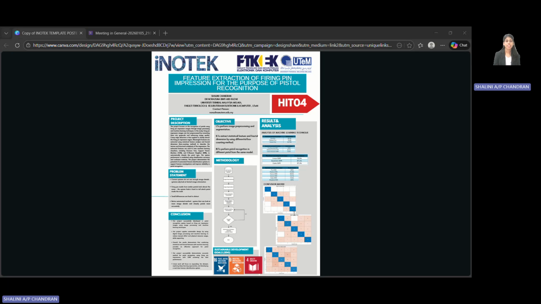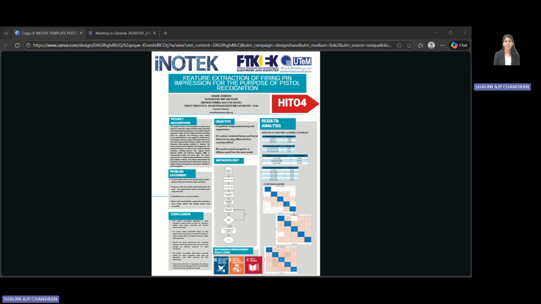Finally, this project supports SDG 16, peace, justice, and strong institutions, by contributing to more reliable forensic analysis through automated firing pin impression recognition, which can assist law enforcement in firearm related investigations.